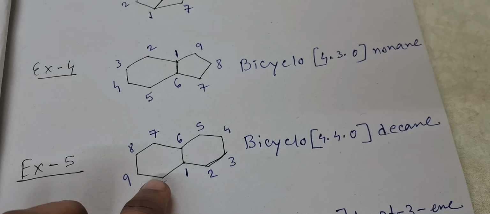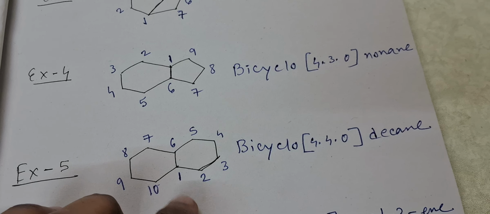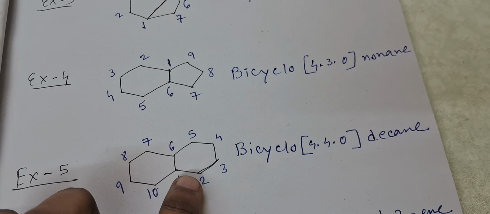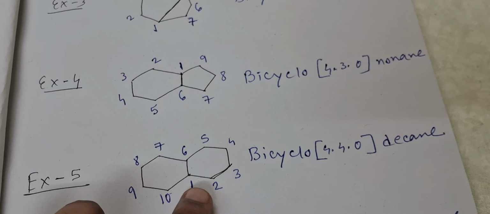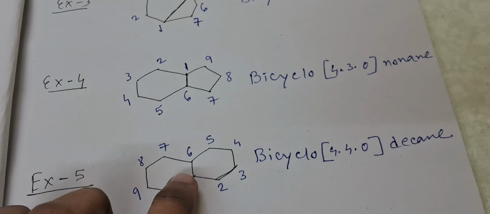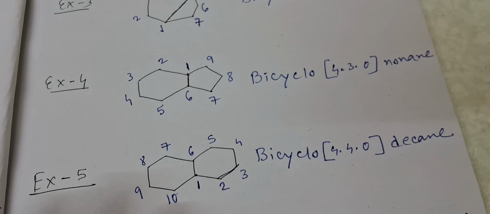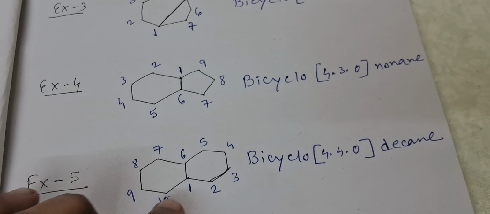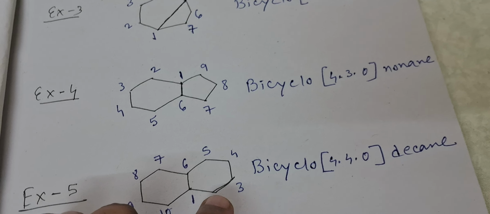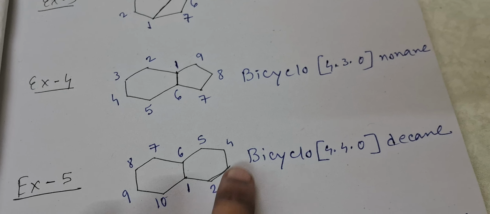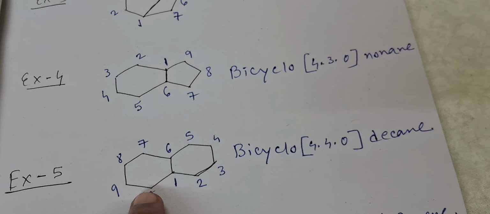You can start numbering either from right side or left side, because the compound is symmetrical and possesses an equal number of carbon atoms between the two bridgehead centers. I have started numbering from the right side here. So 1 2 3 4 5 6 7 8 9 10.